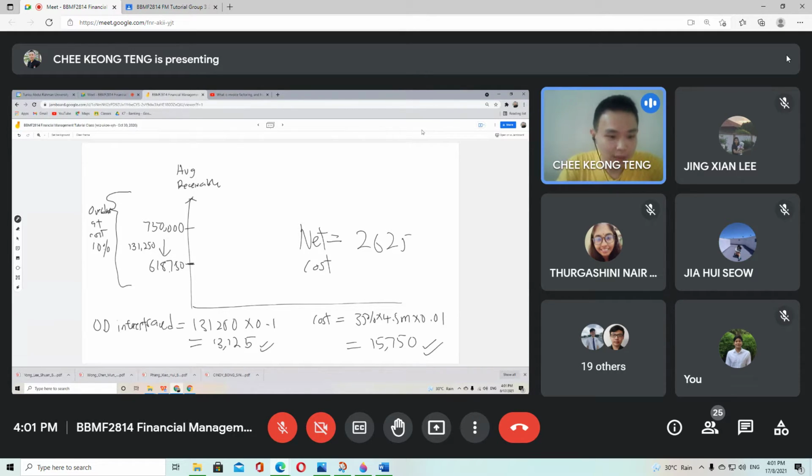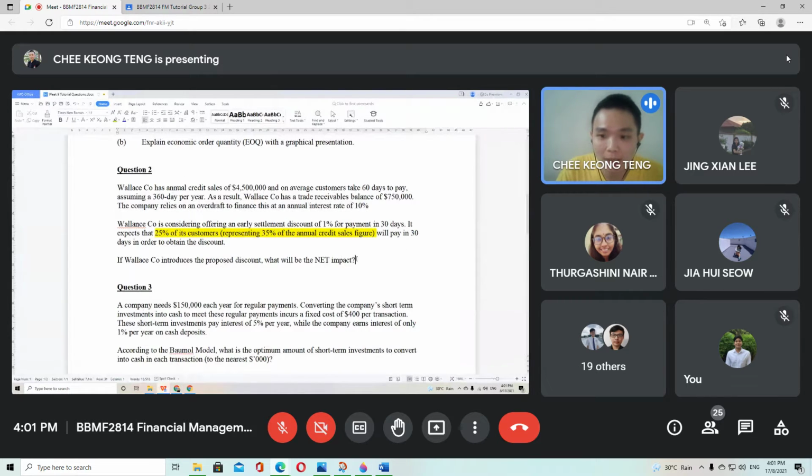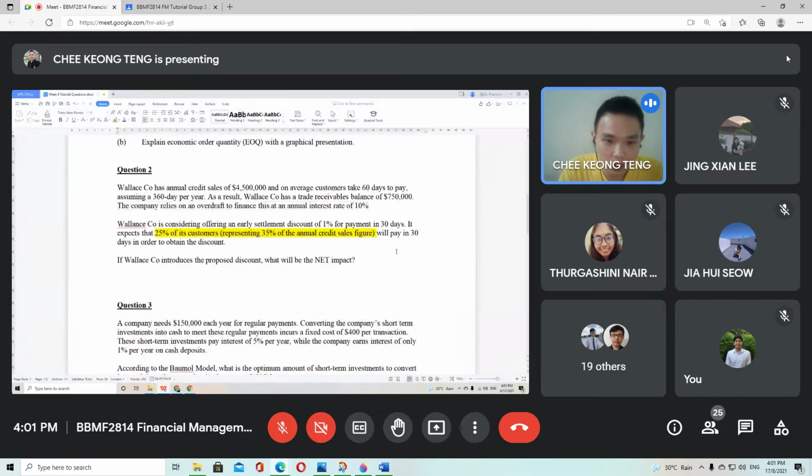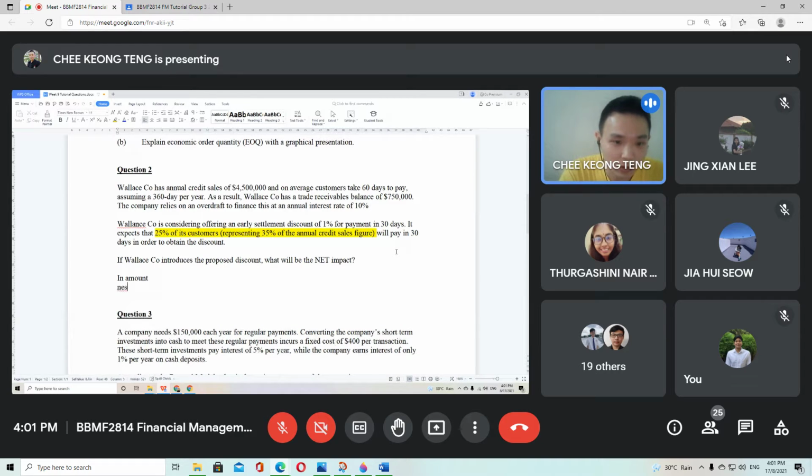So this kind of question is either ask you to compare in amount, like this one, okay, or in percentage. I won't show you the percentage one, but if you want to know, the previous groups actually showed also in percentage. So in amount, net cost from the formal answer is 2625, but actually this question does not ask us the percentage.